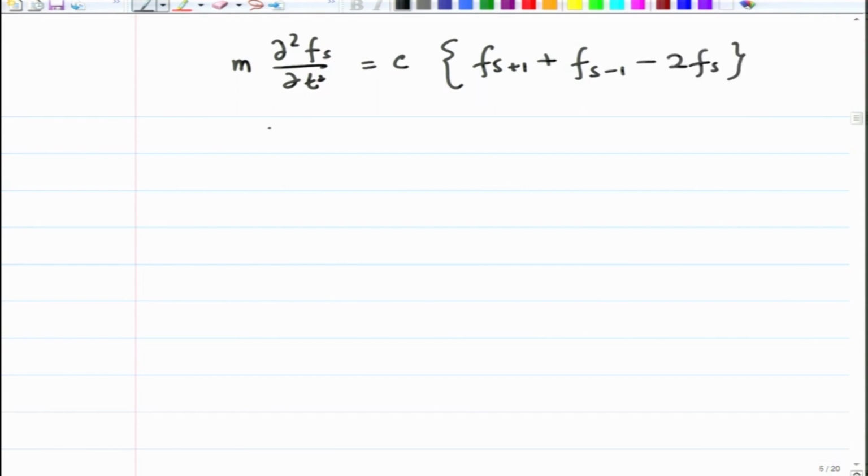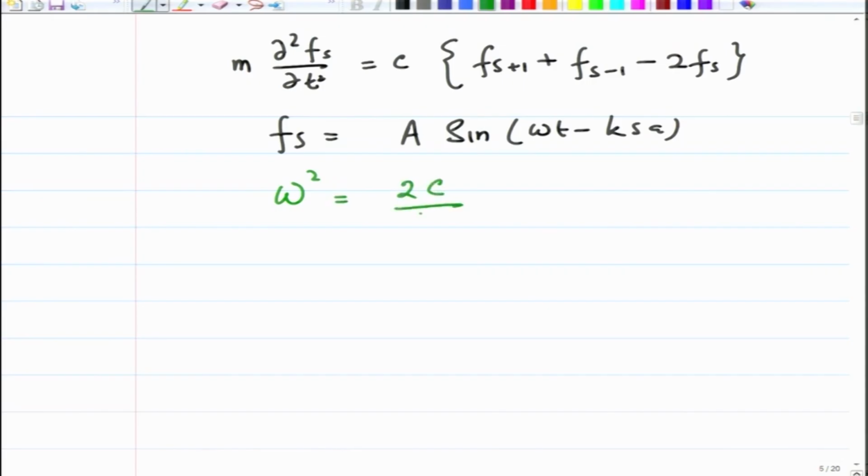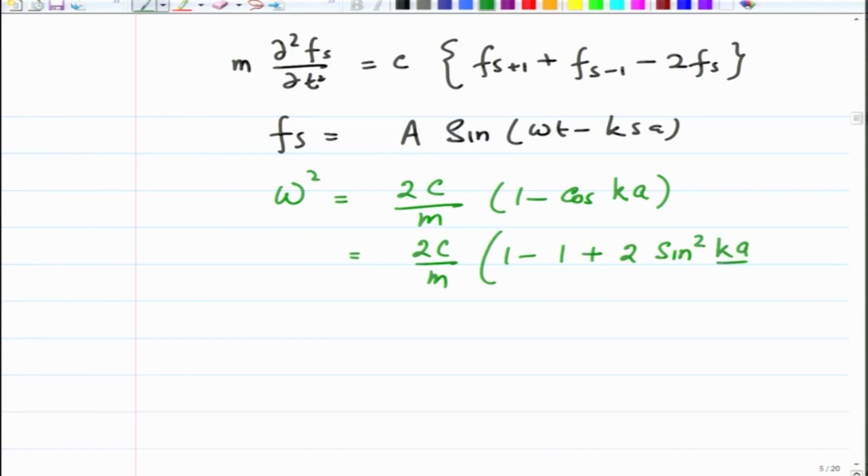What we got for the solution of this equation, m d2f s by dt square equals c f s plus 1 plus f s minus 1 minus 2 f s, assuming a solution f s equals A sine of omega t minus k S A, we got the relationship omega square is equal to 2c over m times 1 minus cosine of k A, which I can expand and write as 2c over m times 1 minus 1 plus 2 sine square k A by 2.